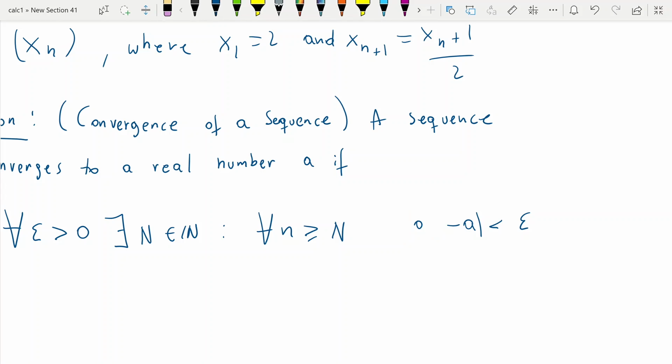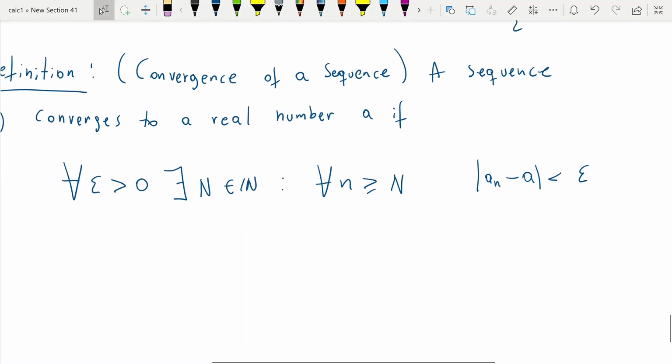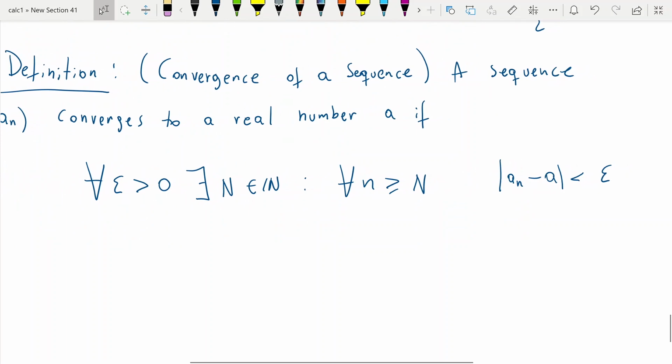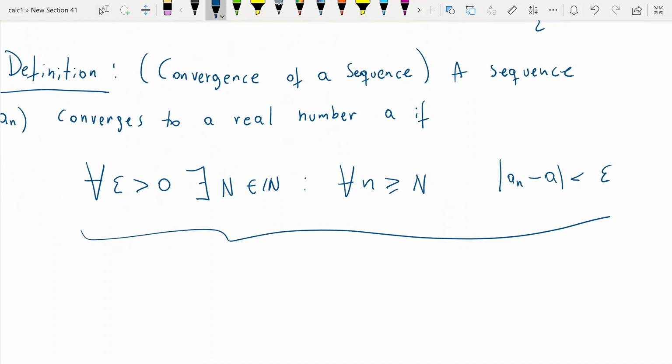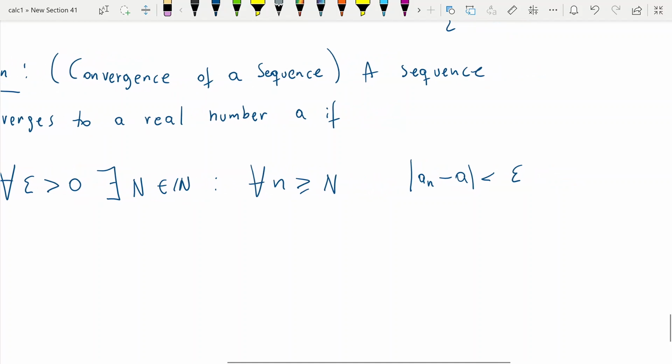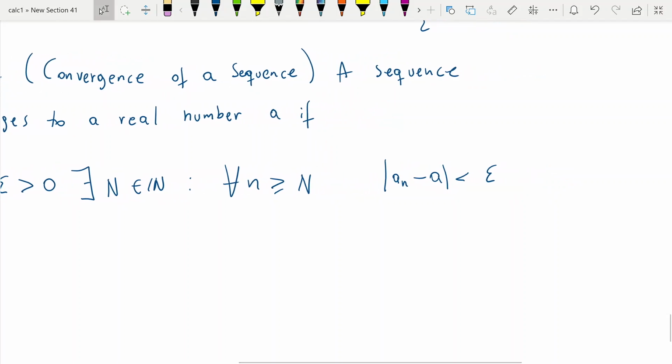So that's what I was referring to. This whole thing just tells you that no matter how small a number epsilon is, if the sequence converges to a, it can oscillate. It can take on greater values than a.